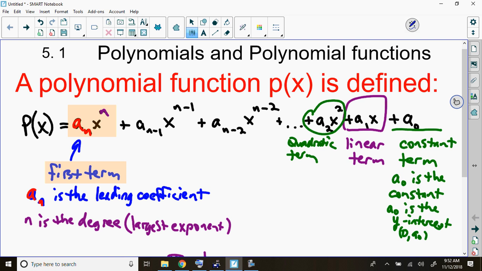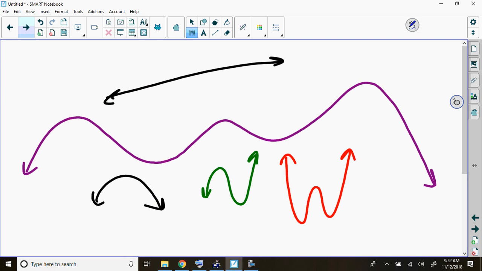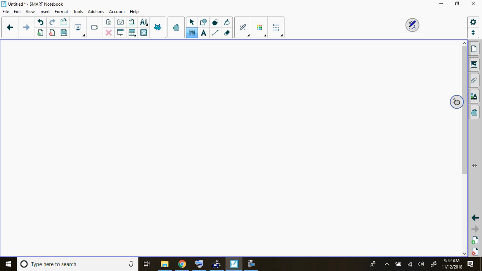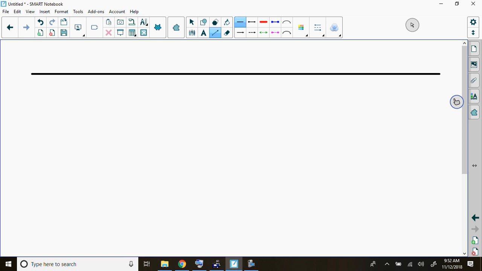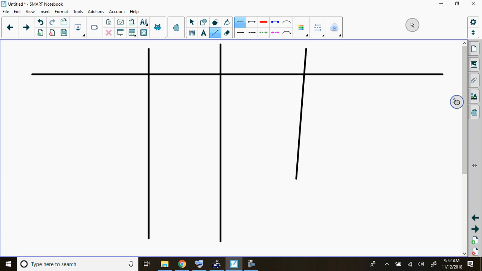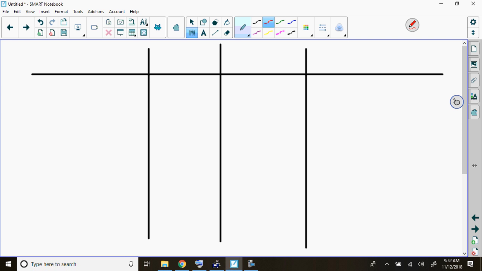Anyway, any questions so far? Okay, so let's make a table. Nice big table. Polynomial. We're going to put some polynomials in here. We'll write their degree.